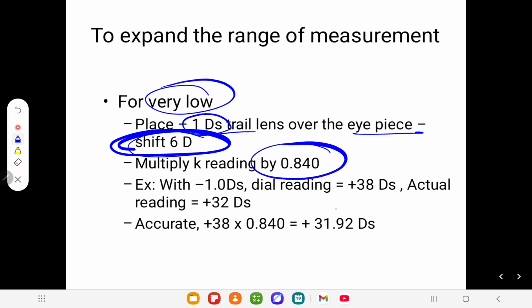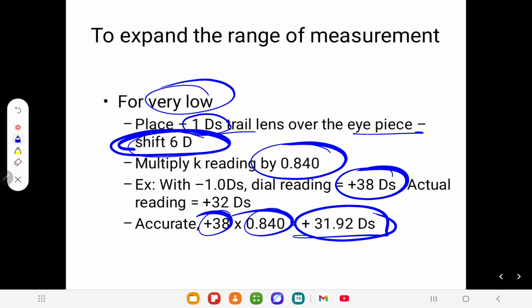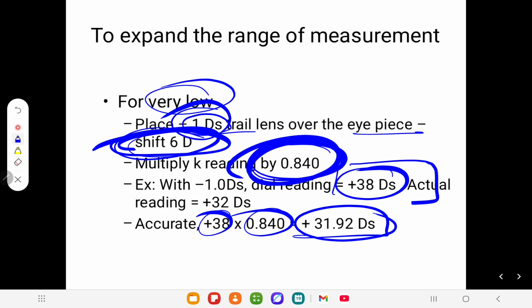So it's very important. Okay, if the reading dial is 38 diopter, then we do 38 into 0.84 to get the actual cornea value. So it's sometimes called extended keratometry. It's very important you understand these things: how much we have to add, how much is the shift, and what is the multiplying factor, because sometimes an MCQ asks like this: you put minus 1 and there's this value, and what is the actual value?